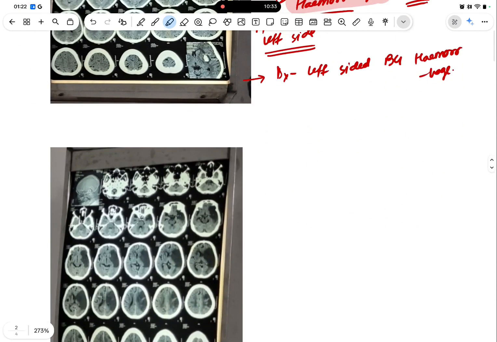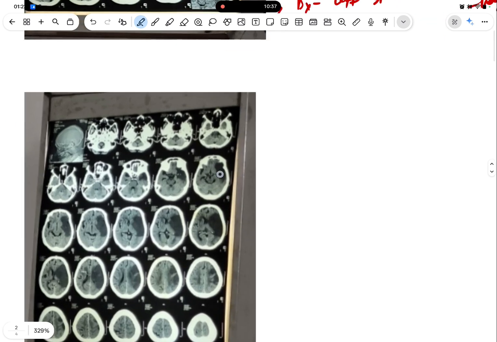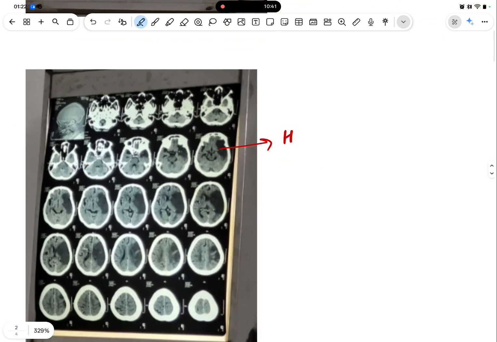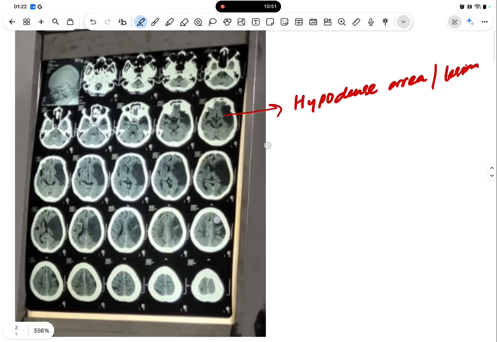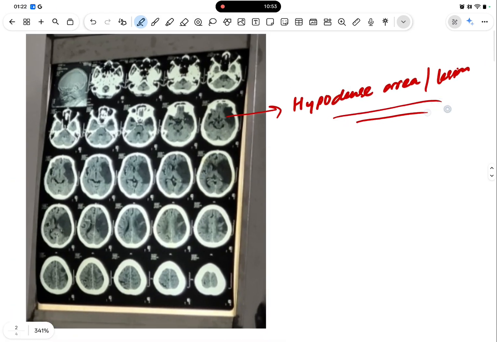In the second example of CT scan, there is a hypodense area or lesion. Now, in which region of the brain parenchyma is this hypodense lesion present?